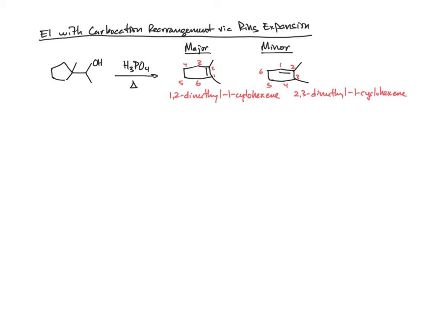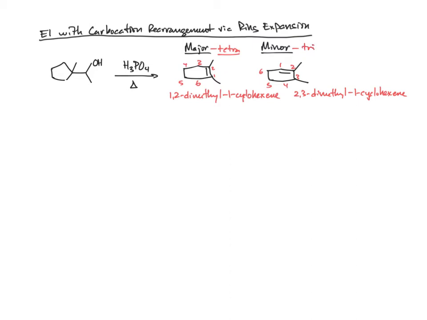So what is the difference between the major and the minor? Again, if we look at the alkene and we classify that alkene, we have 1, 2, 3, 4 carbon substituents on the alkene. So we would say that is tetrasubstituted. Now if we do that for the minor product, we can see we have 1, 2, 3 carbon substituents, so that's trisubstituted.